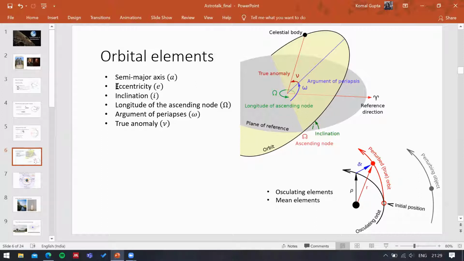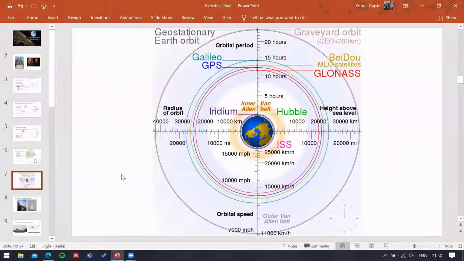This is one way of characterizing orbits, which is based on their size, shape, inclination, and stuff like that. The other way we can divide our orbits into types is based on their altitude from the surface of the Earth.